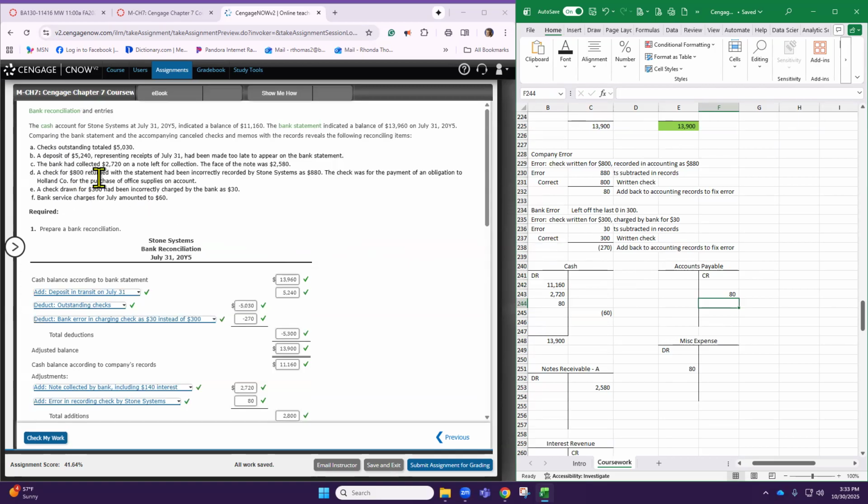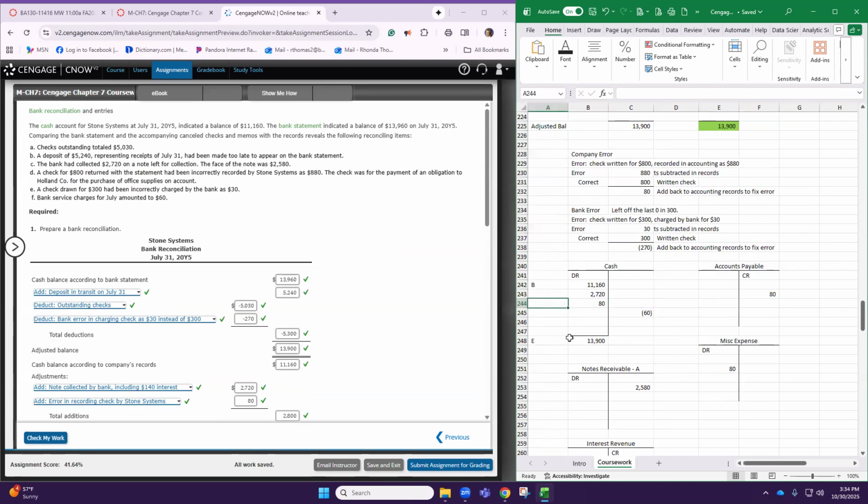A check for 800 returned with the statement had been incorrectly recorded by the company as 880. The check was for the payment of an obligation to Holland for the purchase of office supplies on account. So we thought we paid, we put too much. We put that check in for too much. So it pulled out more cash than it should have. It pulled out 880 by putting it in wrong.